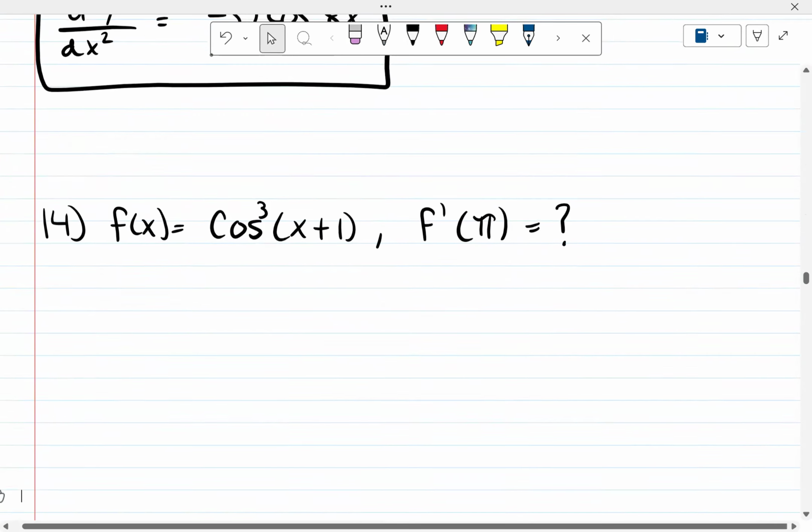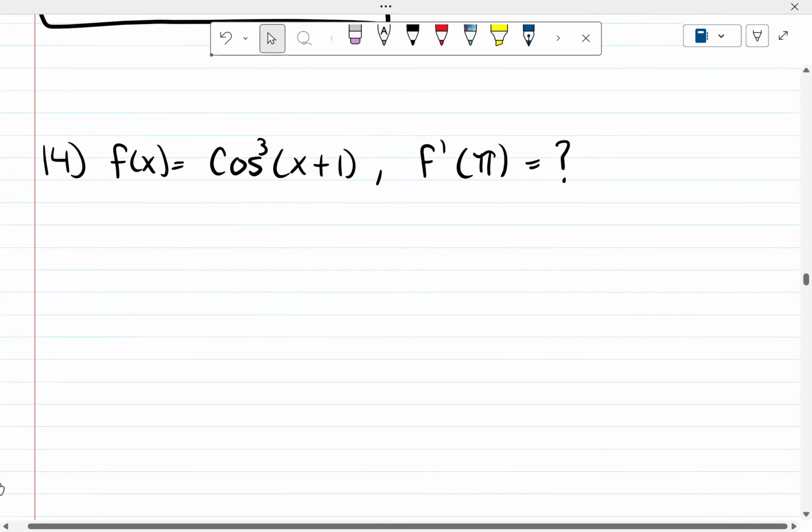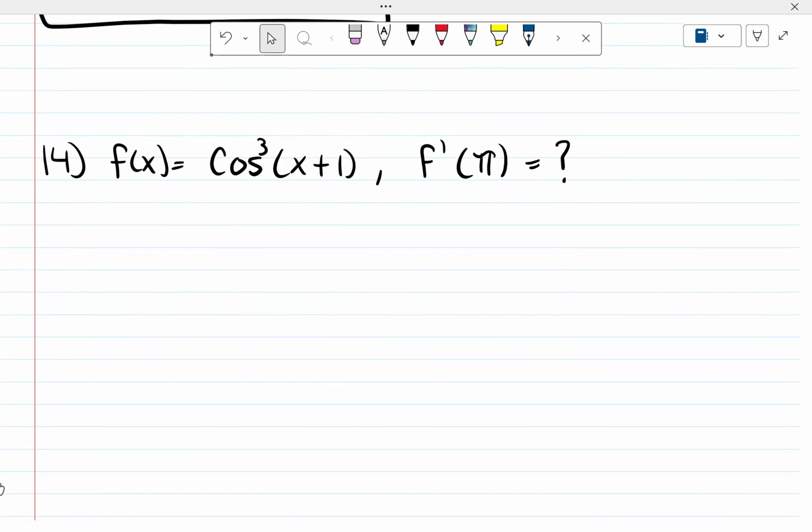So 14, we have f of x equals cosine cubed of x plus 1, and we got to find f prime of pi. So what I'm going to do is rewrite this as cosine of x plus 1, all raised to the third power, right?